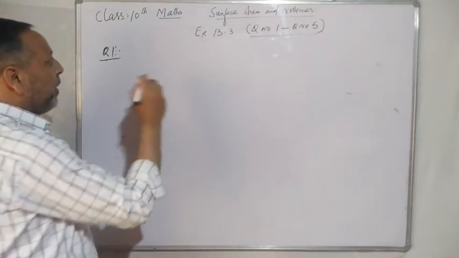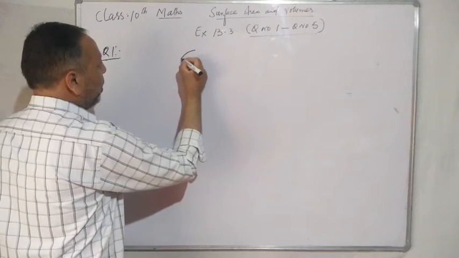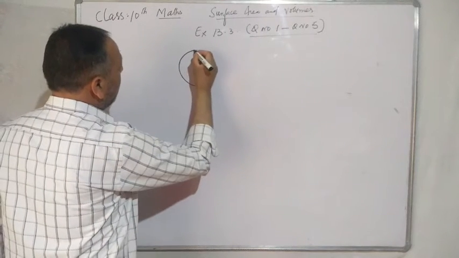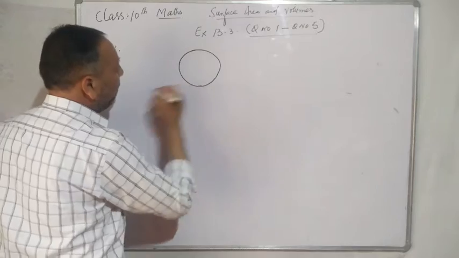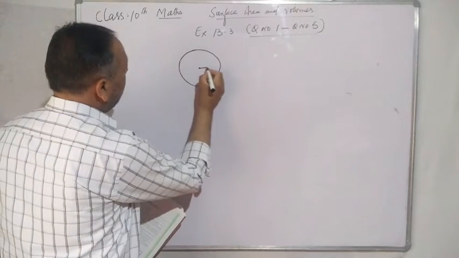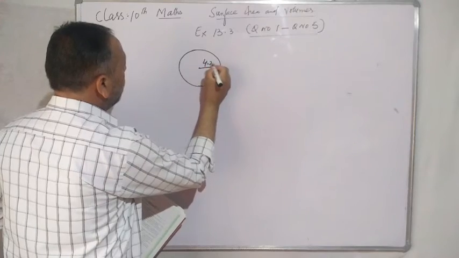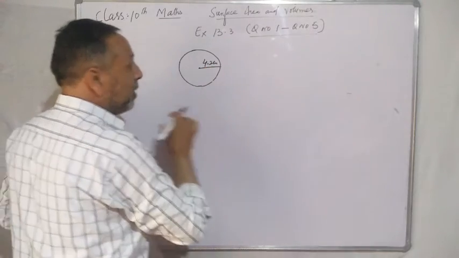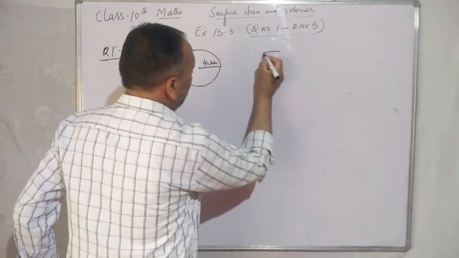Here we have a sphere of radius 4.2 centimeter. This sphere is melted and drawn into a cylinder.